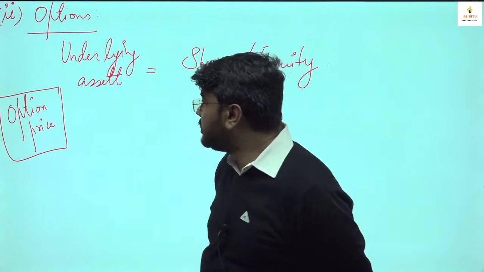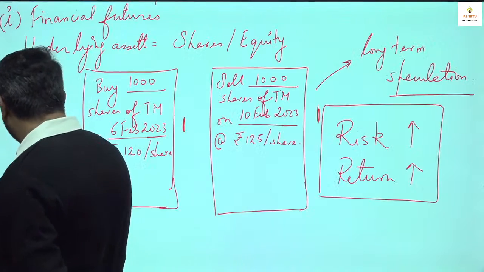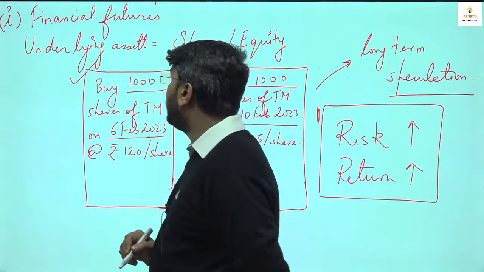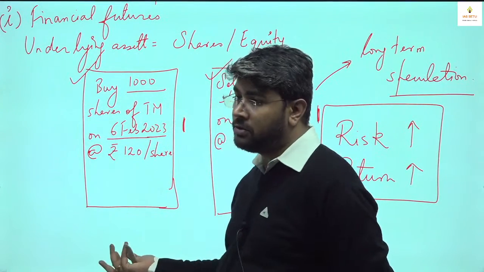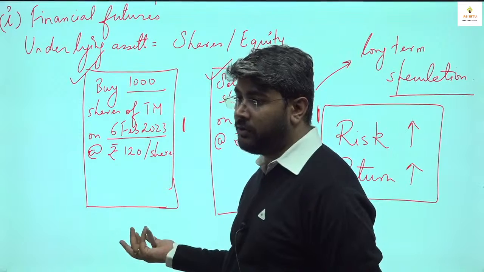So, for example, I discussed with you this buy financial future and sell financial future. So how do I convert it into option? I just need to add one more line to this.